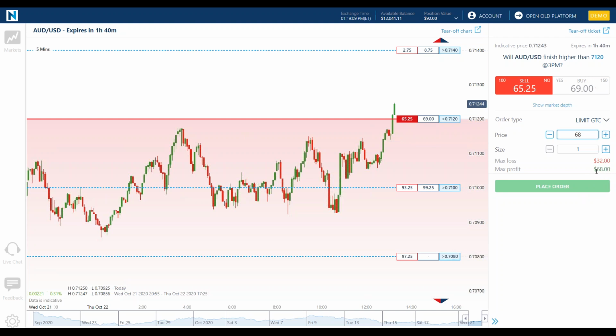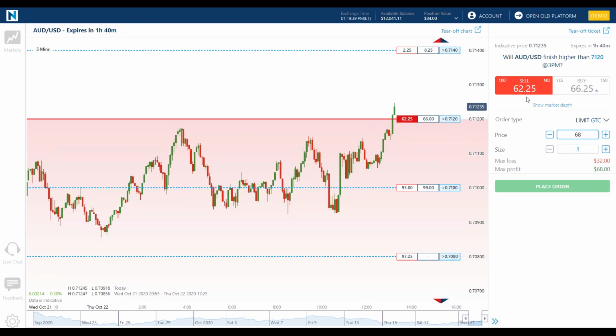That would be great. But this would have to drop and settle below there in the next 1 hour and 40 minutes. If I sold it at 68 and it stays above 71.20, I'm wrong. It goes to 100. So I sold it at 68, it goes up to 100, I would lose $32. Okay, so I know getting into the trade my maximum potential loss and my maximum potential profit.